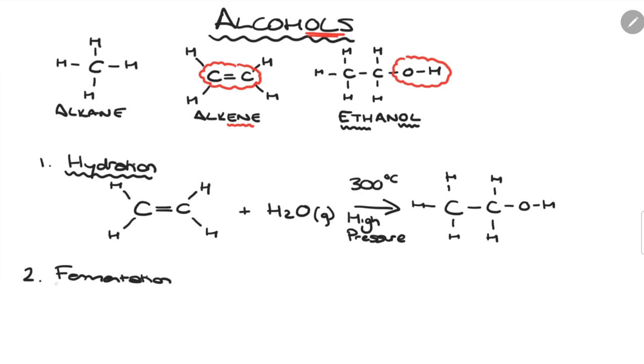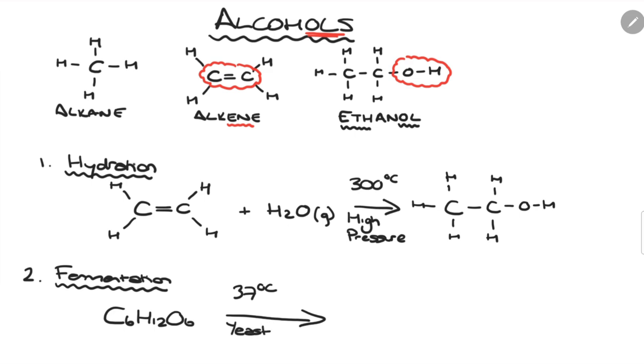The other way we could do it is by fermentation. Fermentation would take a sugar or glucose, so typically a C6H12O6 molecule, and via the process of fermentation, which would typically take place at 37 degrees, so body temperature, in the presence of yeast.